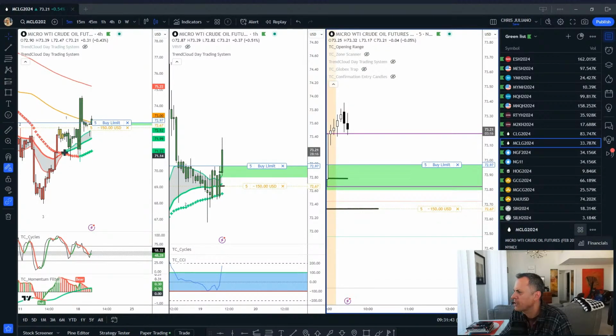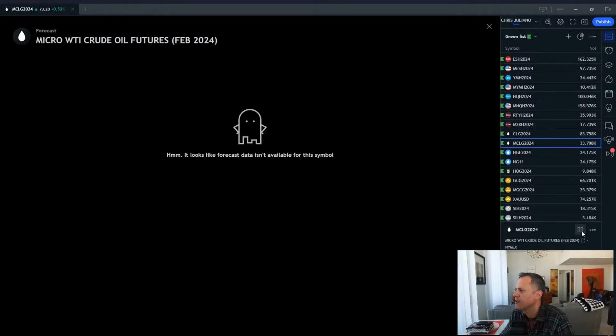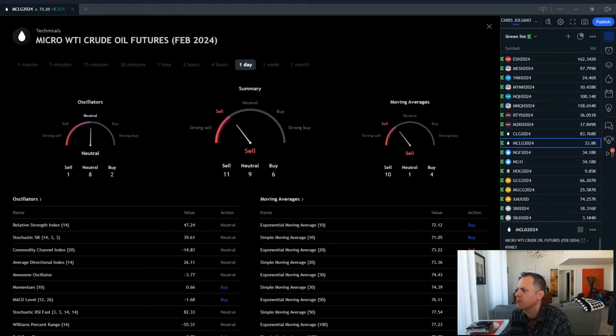Financials, tech, forecast not available. Technicals. Interesting. Neutral to a sell. Look at that. Moving averages are saying interesting. Huh. We're trying to buy this sucker. That's interesting.